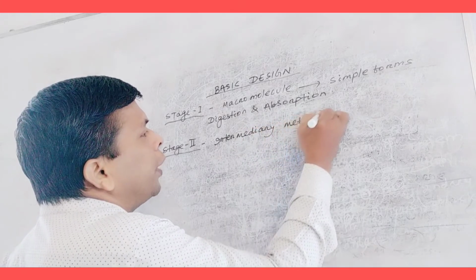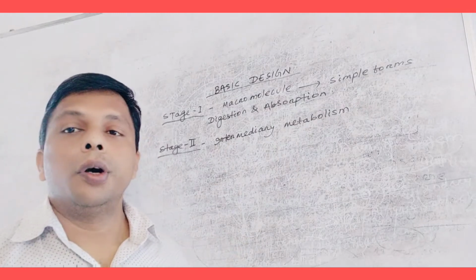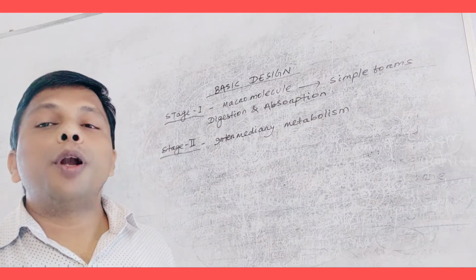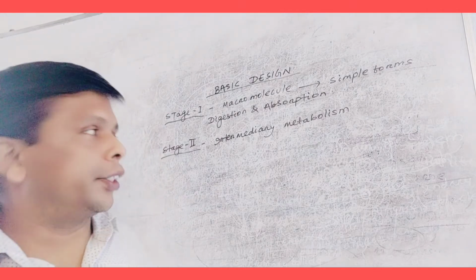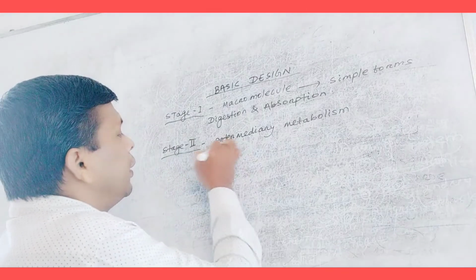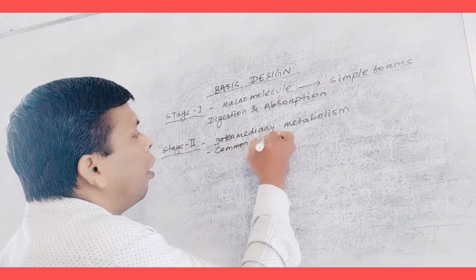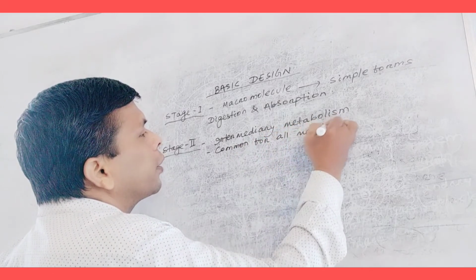Intermediary metabolism, stage 2. What happens here? It is common for all types of compounds. How? I will take an example. It is common for all metabolic pathways.